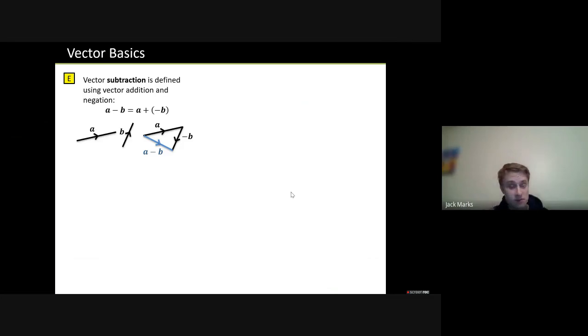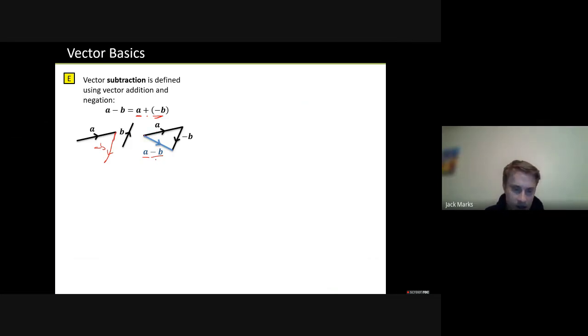Vector subtraction. So if you mix the last two steps together, if that direction is a and that direction is b, well, that direction there must be minus b. And we can sort of stack them on the end as long as we use addition. If you do a and you add on, means sort of you follow on with minus b, you would be left with a minus b, which would be this blue vector here.